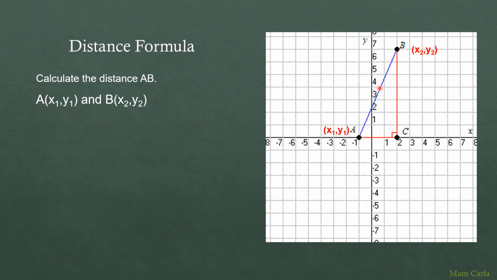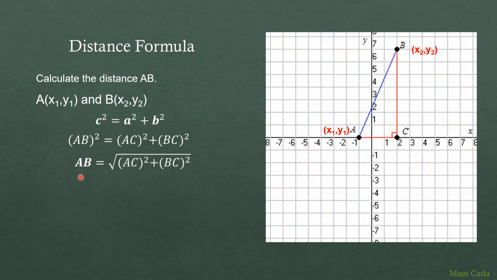So we place AB as our C, line segment AC as our A, and line segment BC as B. Substituting to the formula C squared equals A squared plus B squared, we have AB squared equals AC squared plus BC squared. Since we are deriving the distance between A and B, we get the square root of both sides. The equation becomes AB equals the square root of AC squared plus BC squared.